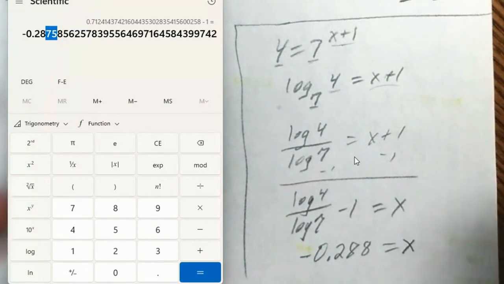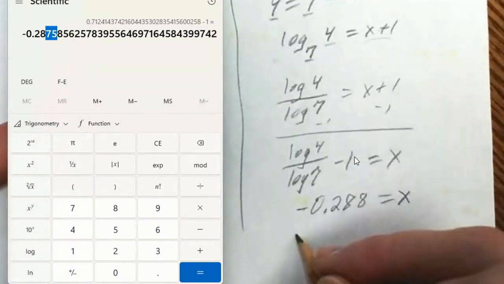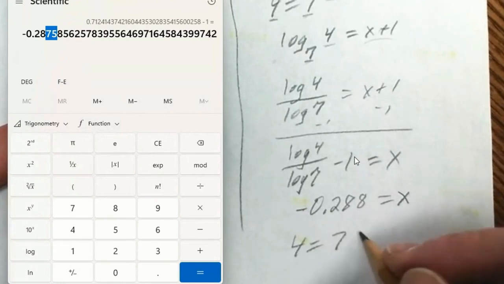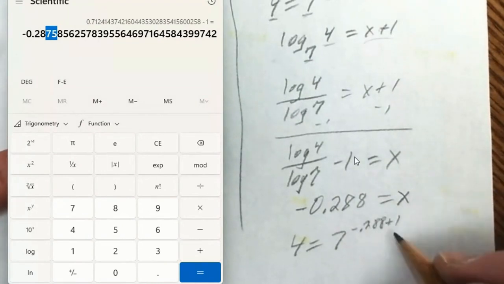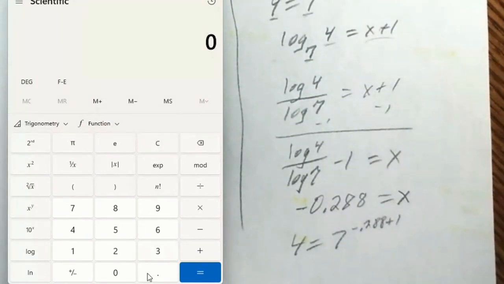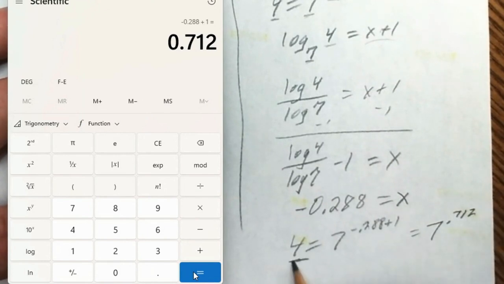Let's go back up here and say, all right, does 4 equal 7 to the negative 0.288 plus 1 power? So let's see. If we take negative 0.288 and add 1, that means 7 to the power of 0.712 will equal 4.